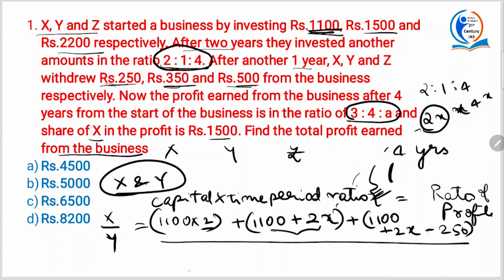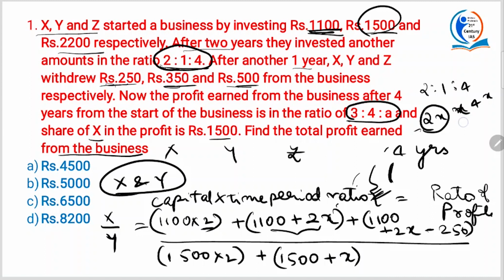Now what is Y's case? It is 1500 into 2 years, plus 1500 plus x, plus 1500 plus x.